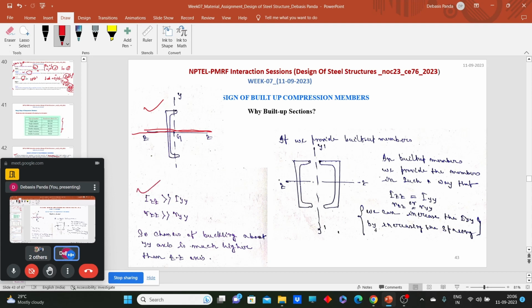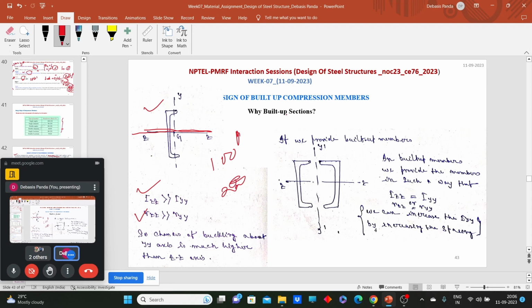That means IXX is very much higher than your IYY. That means the radius of gyration about this axis is much more than this. We have seen, right? One is more than 100 and one is like 20 to 30.